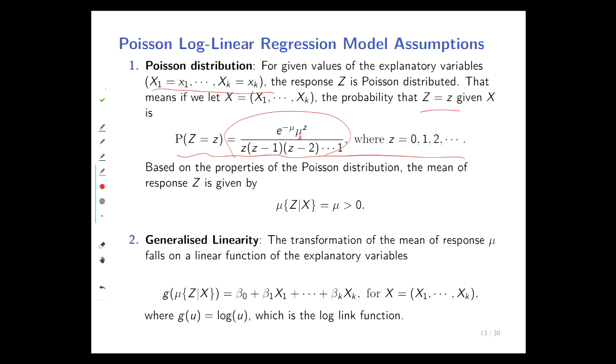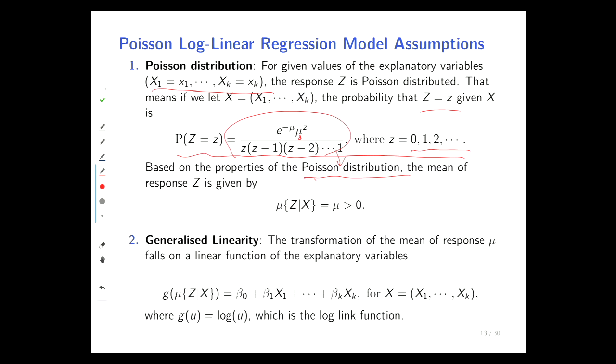And z can be 0, 1, 2, 3, 4, 5, because, if you still remember, the number of cars that pass through the county is really large. So here, the number of car accidents can also be large. Usually it's not that large, but it is possible, maybe with a not very large probability. Here, we call this distribution the Poisson distribution, if the probability can be derived in this way.